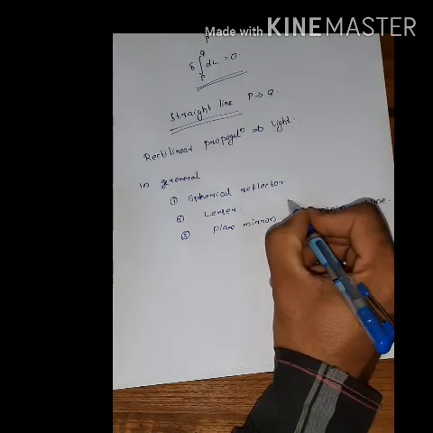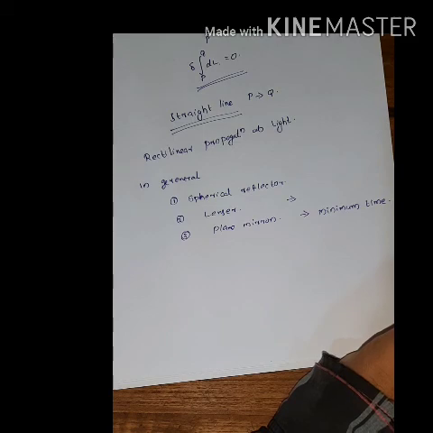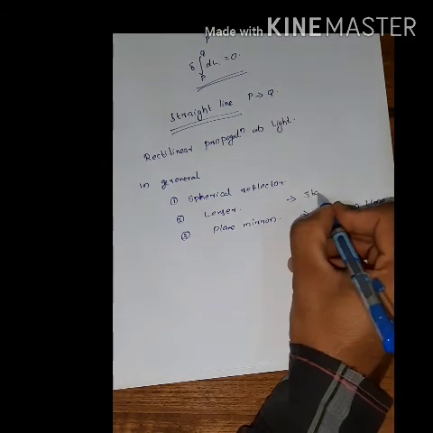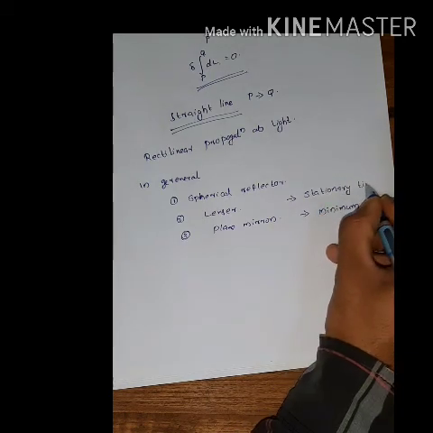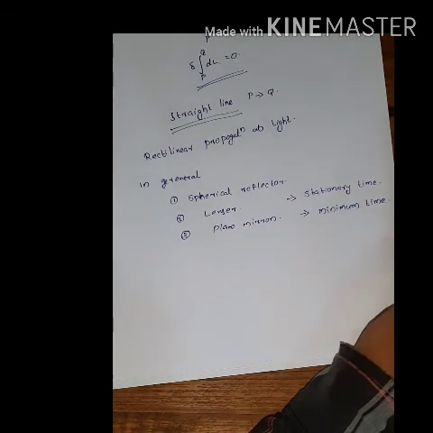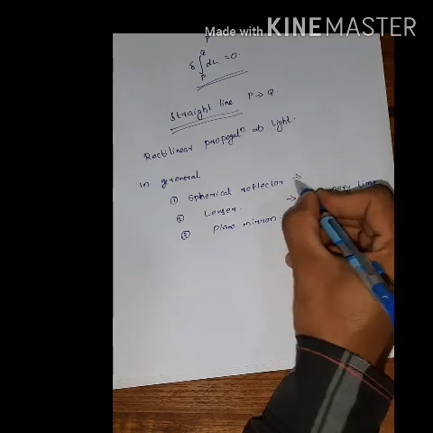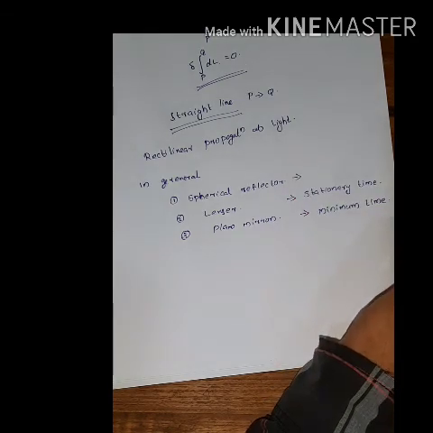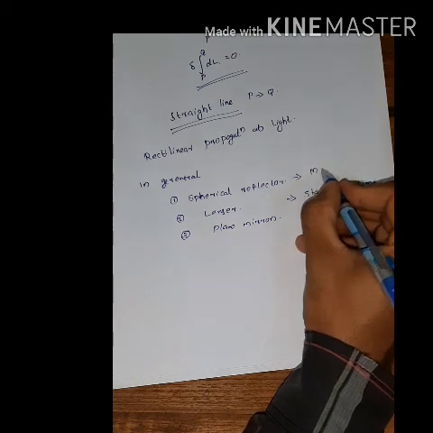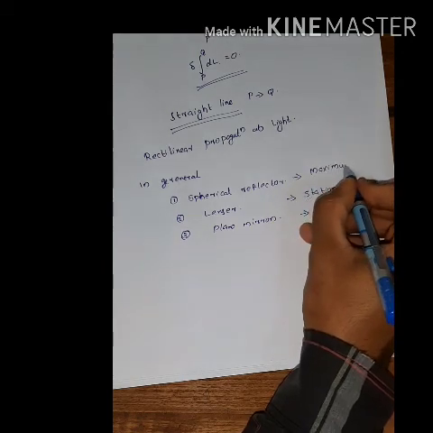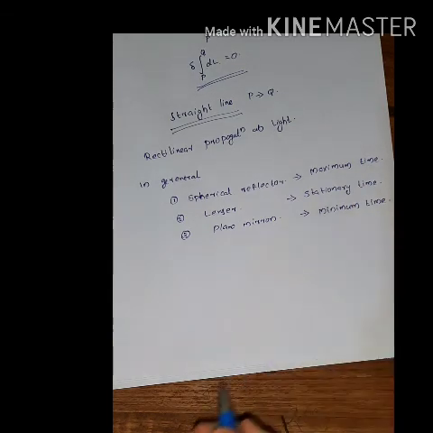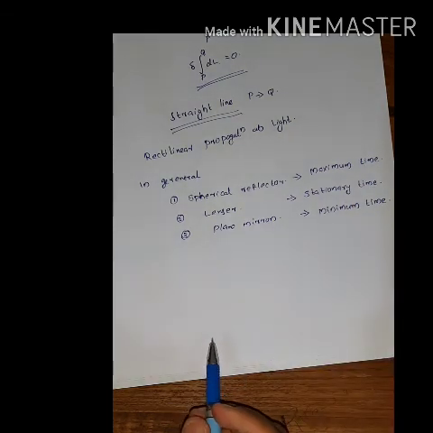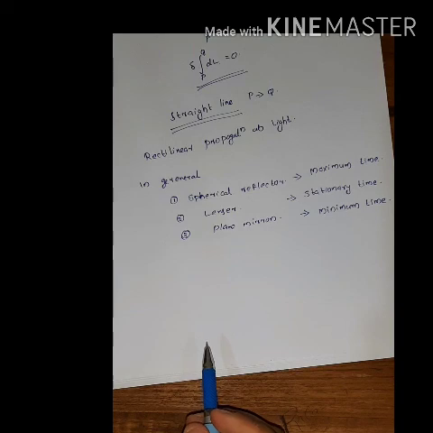But in the case of lenses, the lens chooses a stationary time other than the minimum time. Spherical reflectors choose the maximum time to travel from a source to the observing point.